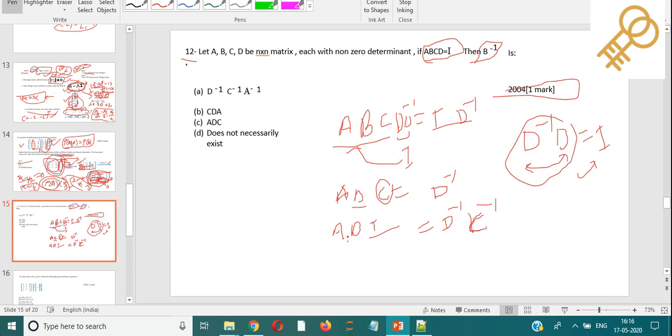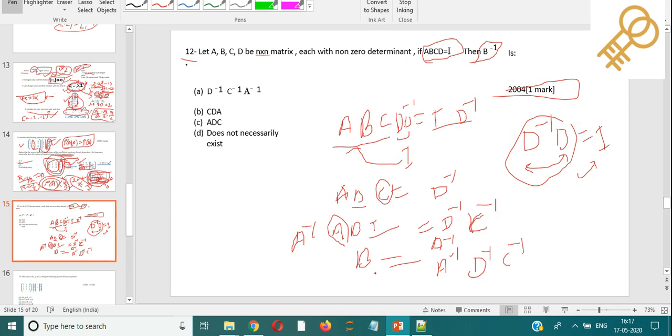Now we have to eliminate A, so I'll multiply the given equation with A inverse at the leftmost side. Finally we get B equal to A inverse, D inverse and C inverse.